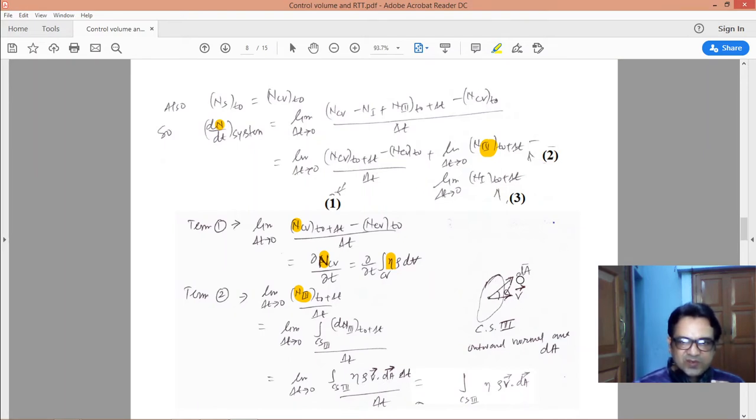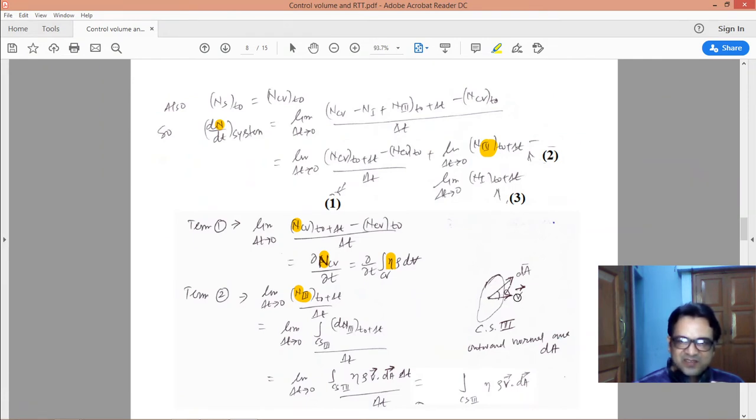So we are getting the control surface 3, the region 3 becomes a control surface, and through this control surface we will have an outflow with a velocity vector V, and we will also have an outward normal. So this vector acts along the normal direction of the outflow control surface and velocity will have its direction.